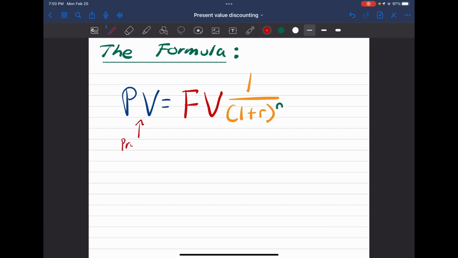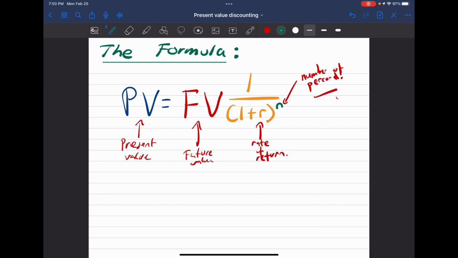I'm going to write here present value is equal to FV, which is the future value, multiplied by 1 over (1 plus R) to the power of N. R here is the rate of return. I'm going to tell you what these mean in context, and N is the number of periods. So let's play with this formula and see how it works.